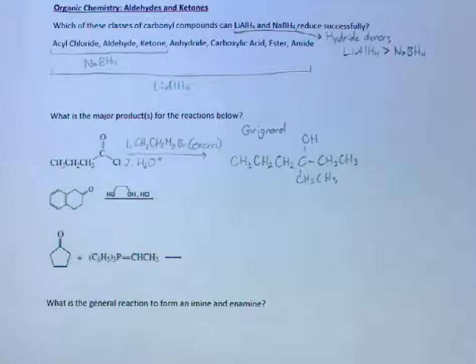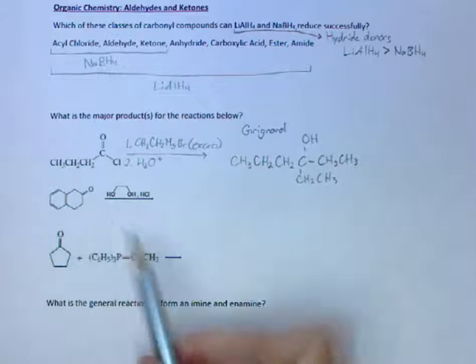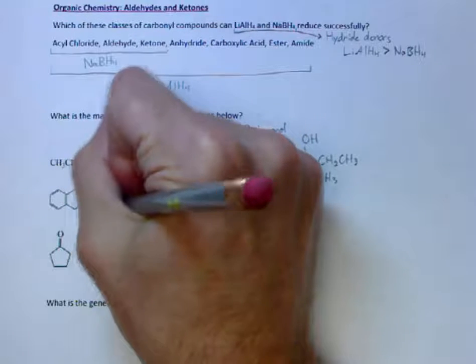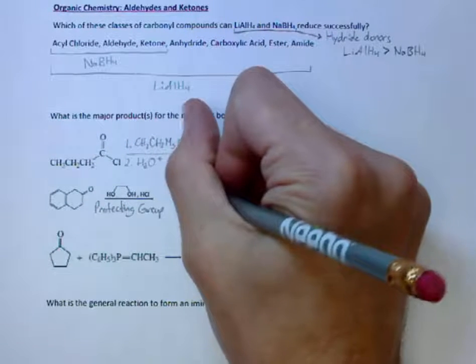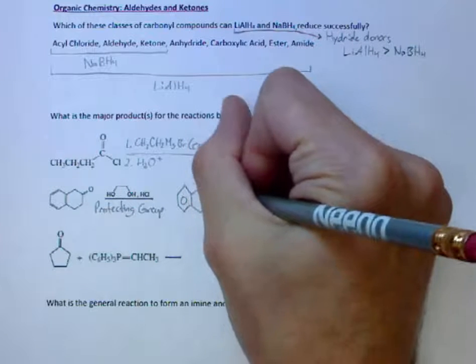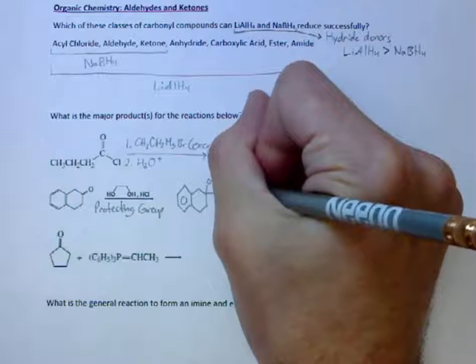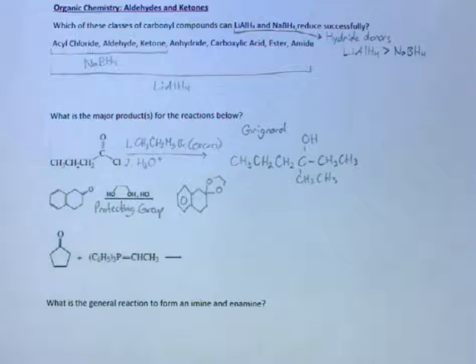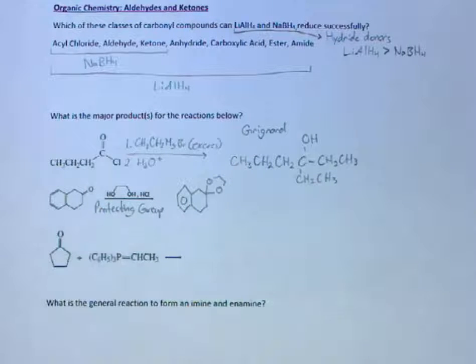For the next one, we have a ketone and we have a 1,2-diol. So this is going to be a protecting group reaction. This reaction is important because this protecting group protects this ketone from a reduction reaction, for example.